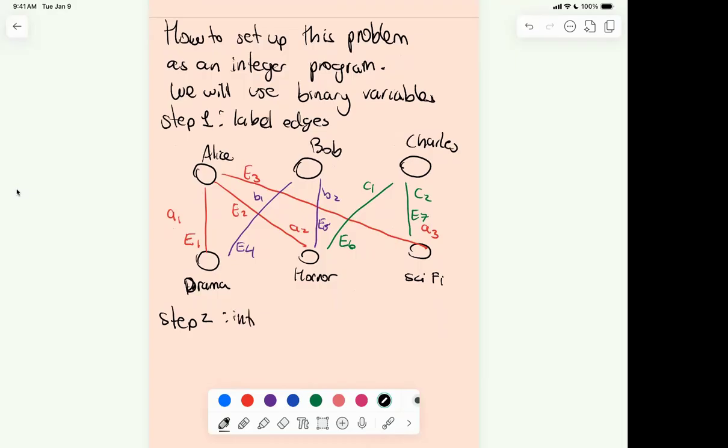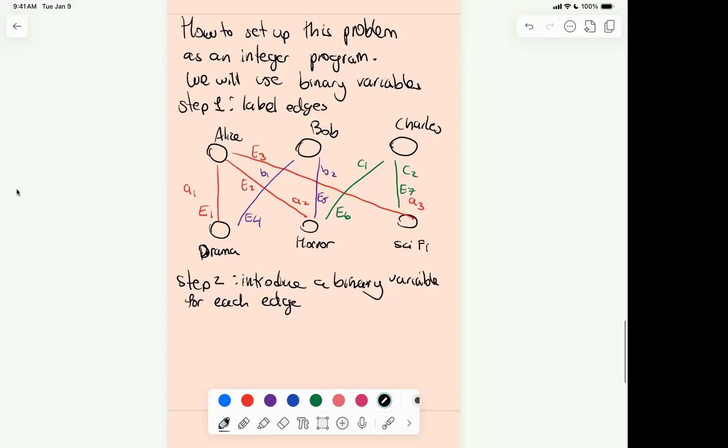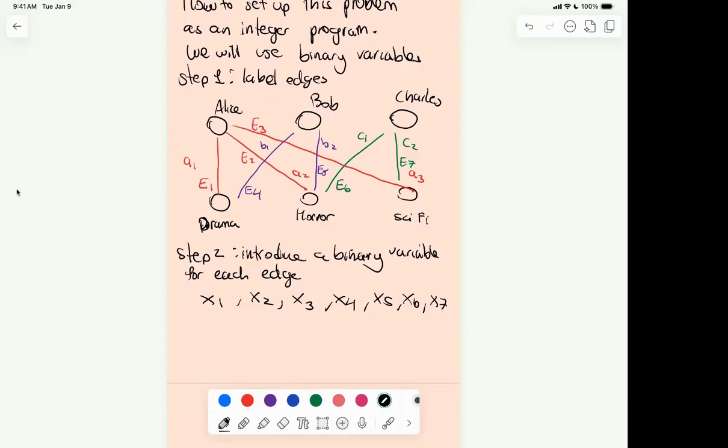Since there are 7 edges, I'll call them x1, x2, x3, x4, x5, x6, x7. What makes it binary is that each of them can only assume two values, 0 or 1. Each of them can only be 0 or 1.